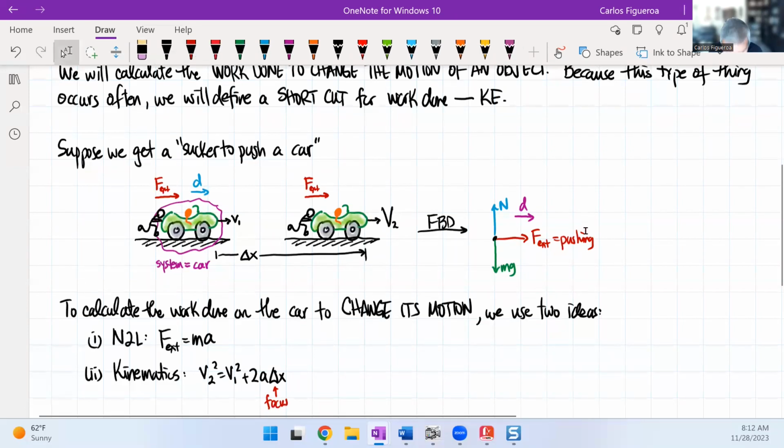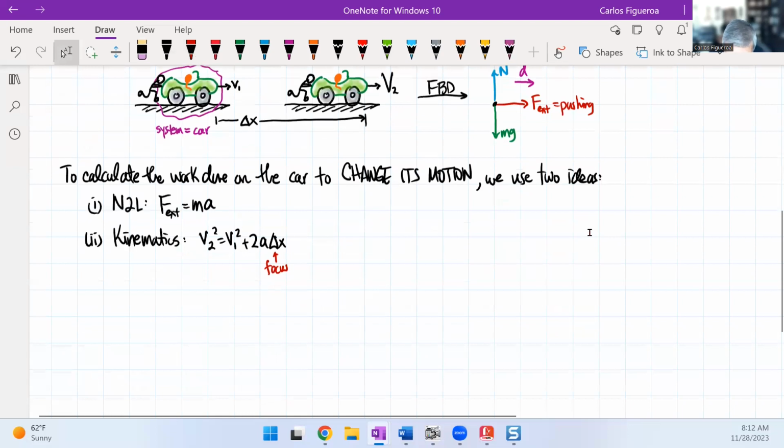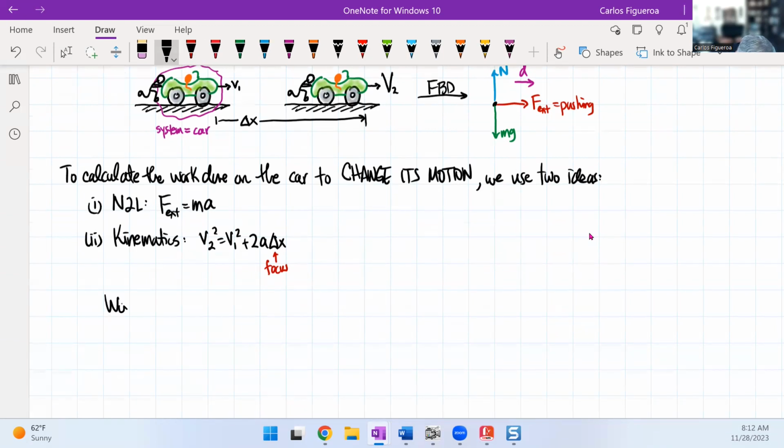So if I use these two things, what is the work done? The work done is the external work, which is the external force times the displacement.